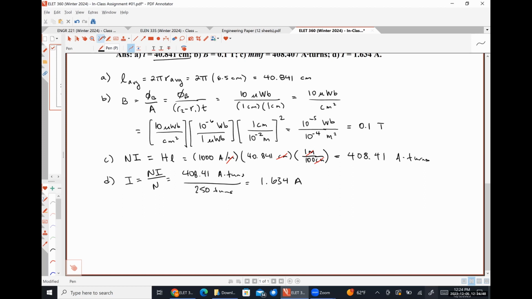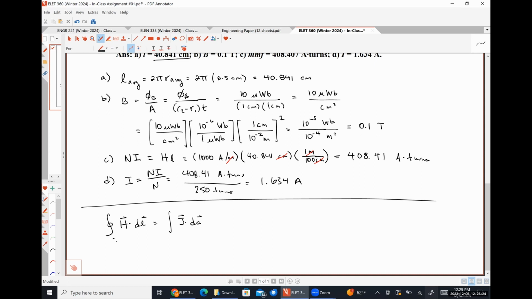Where did I get the formula for part C? So, all right, so we know that the integral around our closed path is equal to J dot dA like this, right?